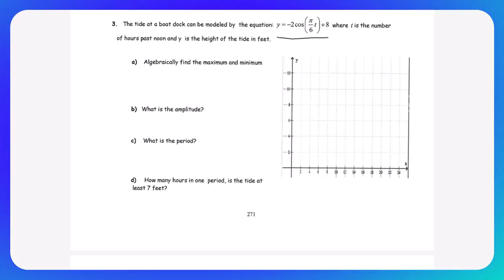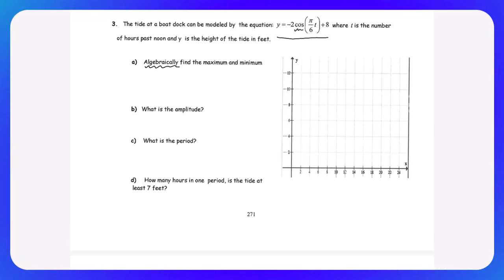Now, I'm not sure if I mentioned this before. I probably should have if I didn't. Even though we call these things sinusoidal, sinusoidal functions can be sine or they can be cosine. So you might have noticed that already, that sometimes we're using cosine, sometimes we're using sine, but they're still all part of sinusoidal functions.